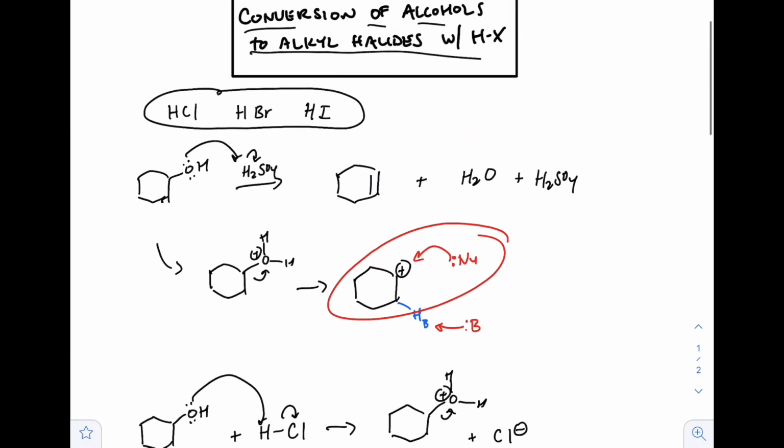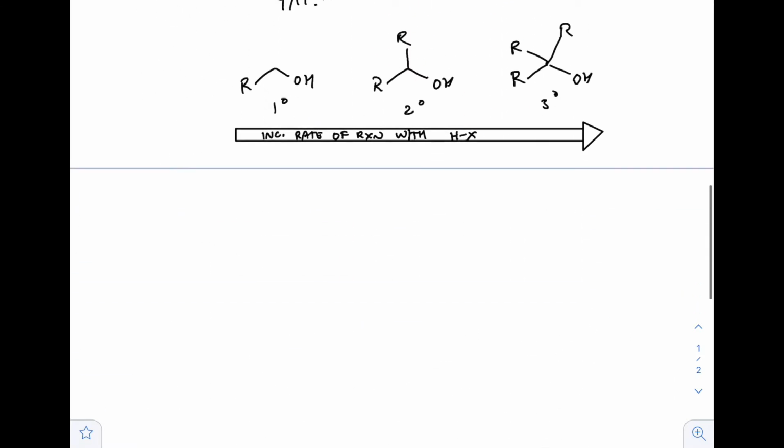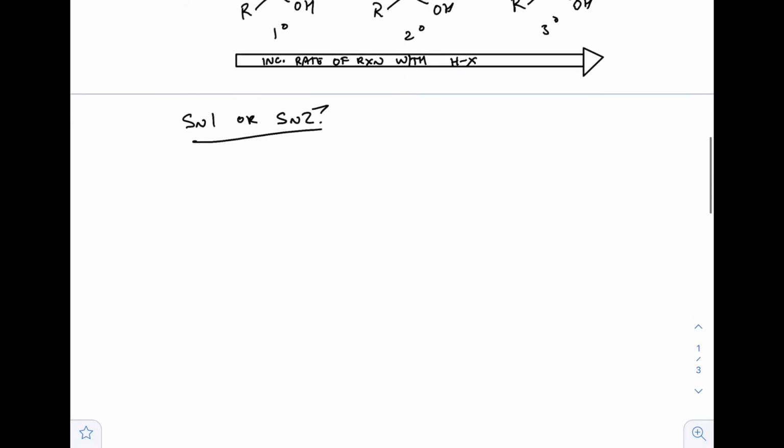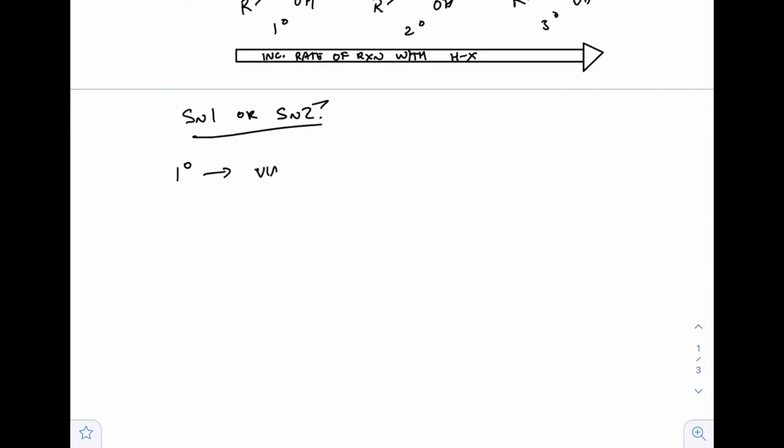Okay, so in this case, let me just draw this out right here. This particular alkene product was made via E2 or E1. So as we go from left to right, from primary to tertiary, we get an increased rate of reaction with HX.